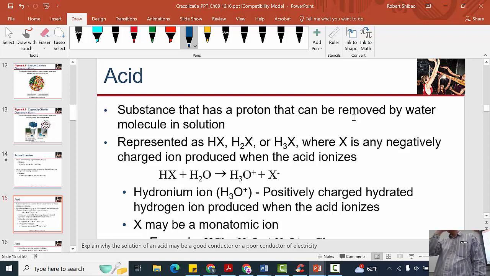A proton, how big is a proton compared to an atom? How many times smaller is a proton compared to an atom? It's like 10 to the fifth. The analogy is if the proton were like a centimeter, then the atom would be like a football field.